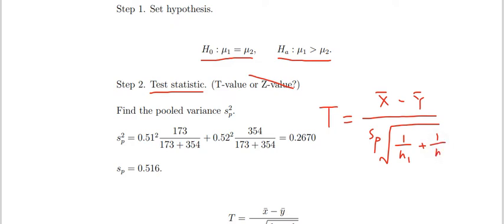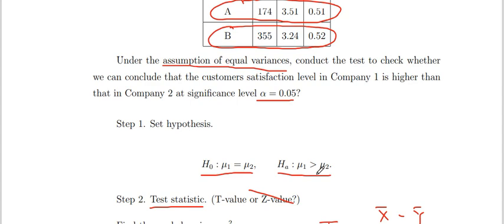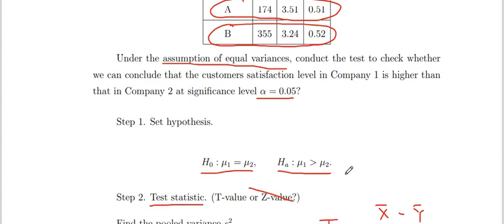At first we need to find SP squared, the pooled variance. The pooled variance is the weighted average of those variances, here 0.51 squared and 0.52 squared.